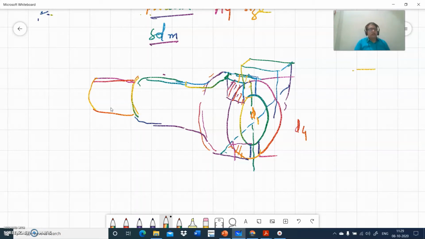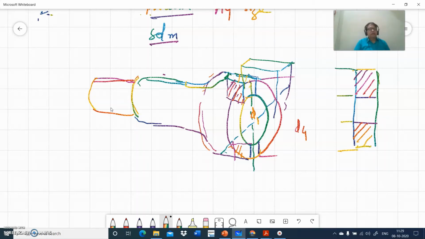So here this is D4, and if this is D1, I will get this area. D4 minus D1 is this length, this plus this.